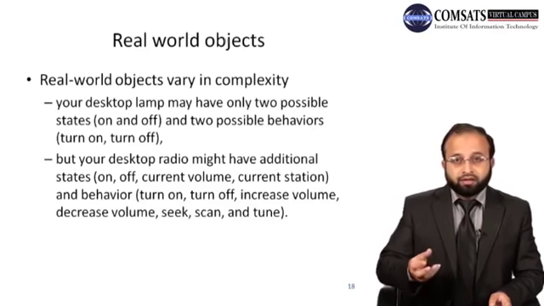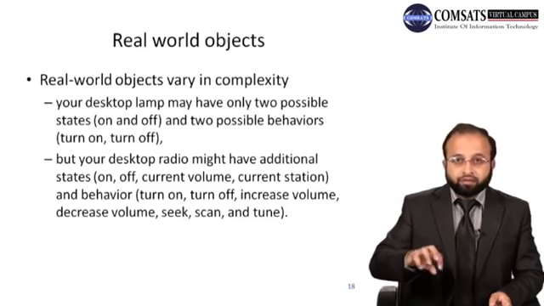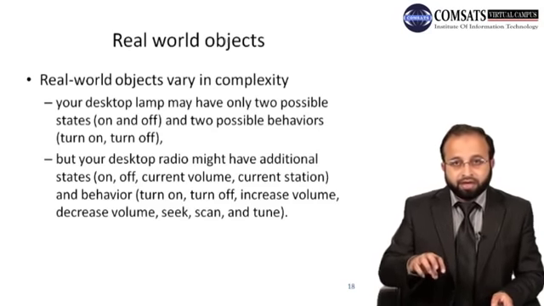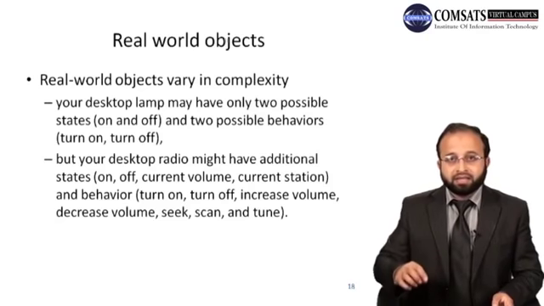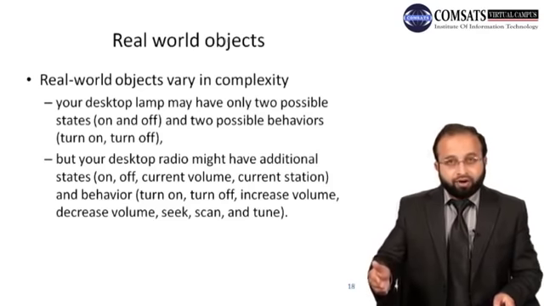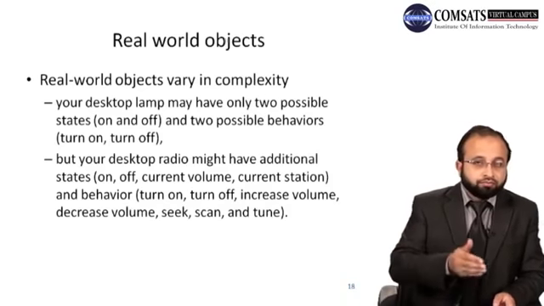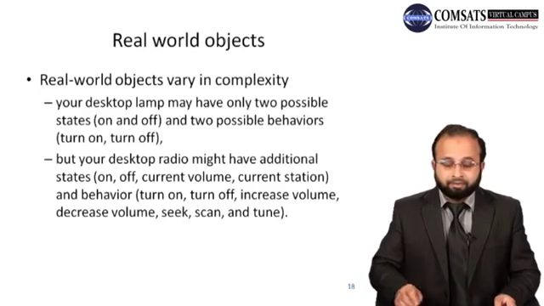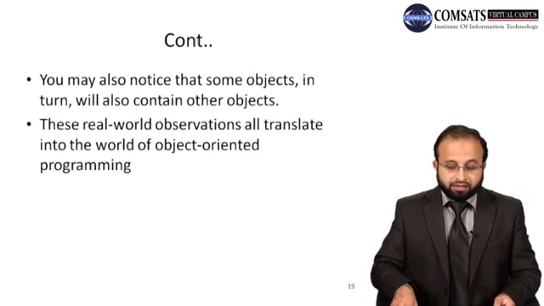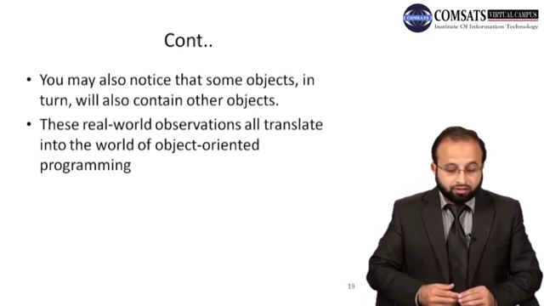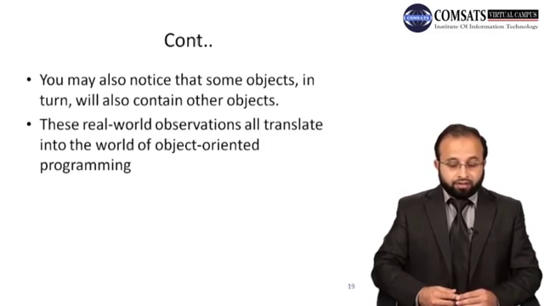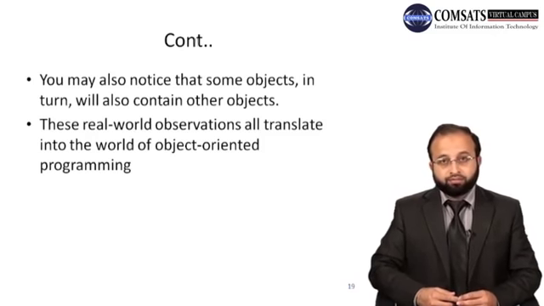So you can turn that dial to decrease the volume, which means you are executing the behavior of decreasing the volume, and as a result the state of that radio, which is current volume, is changed from 10 to 7, let's say, right? You may also notice that some objects in turn also contain other objects. So these real world observations all translate into the world of object oriented programming.